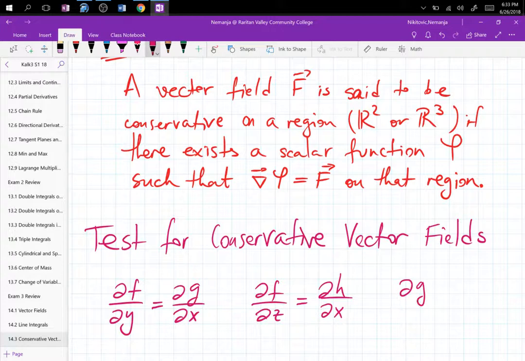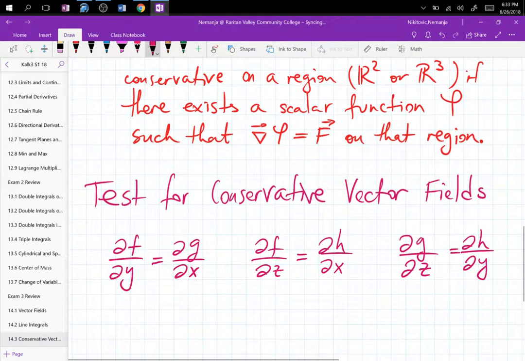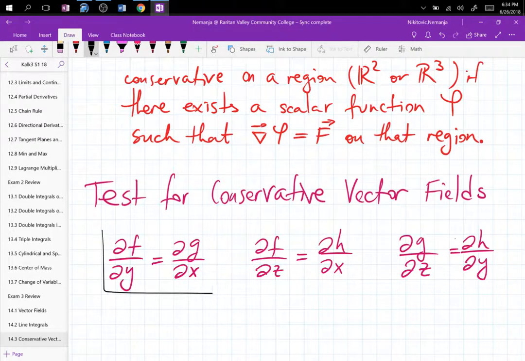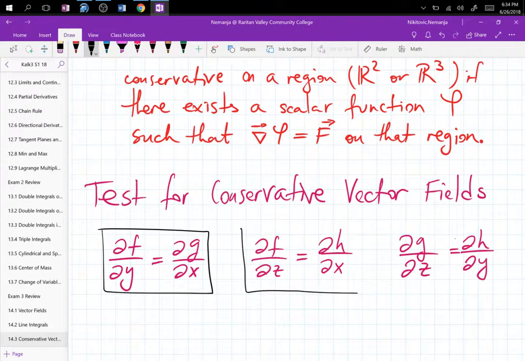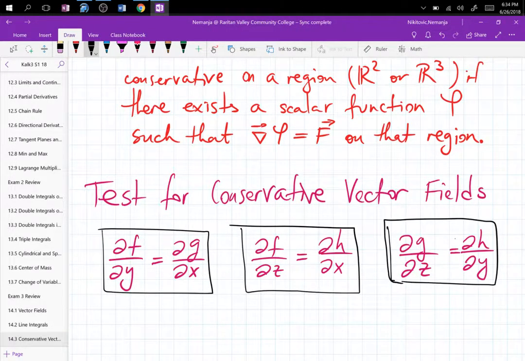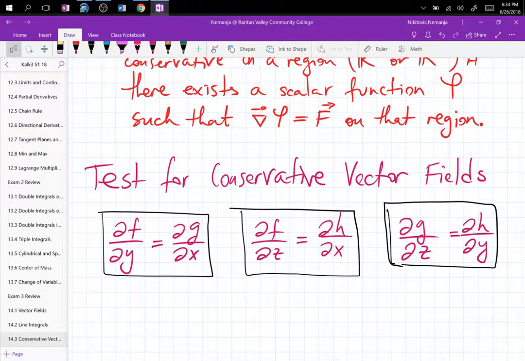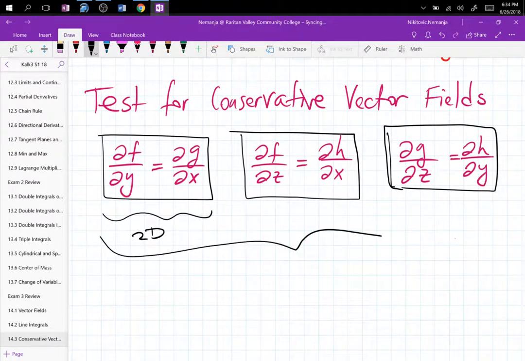And finally, partial g, partial z needs to be the same as partial h, partial y. So these are the three that you have to run to check if the vector field is conservative, right? So this is obviously 3D. This one over here is only for 2D, right? And all three are for 3D.